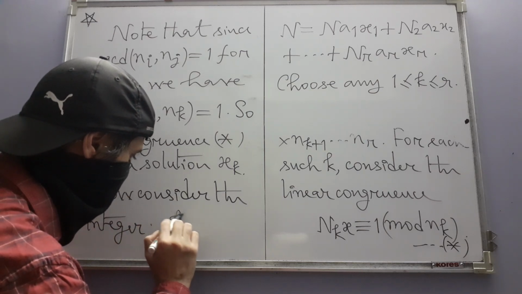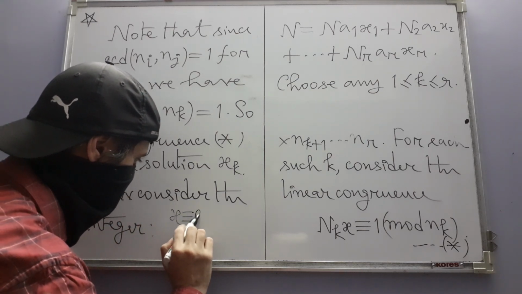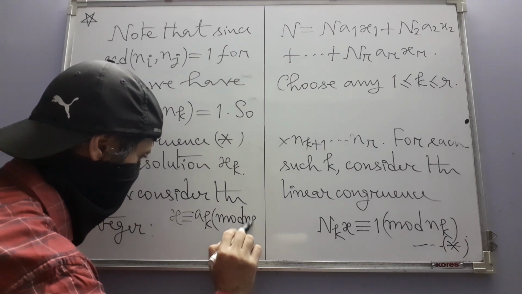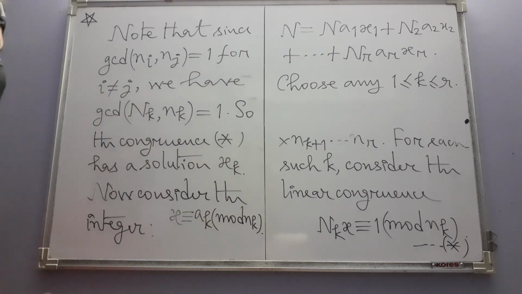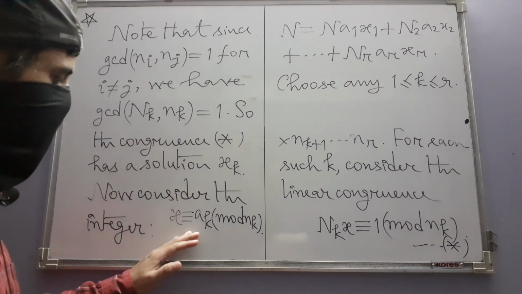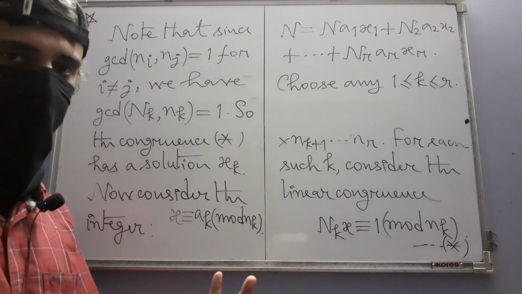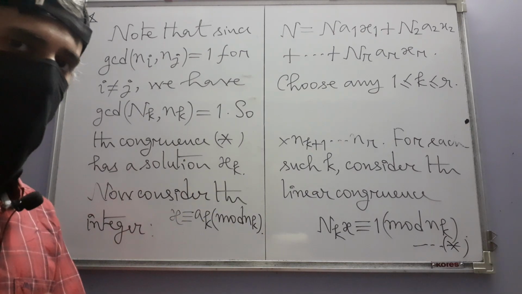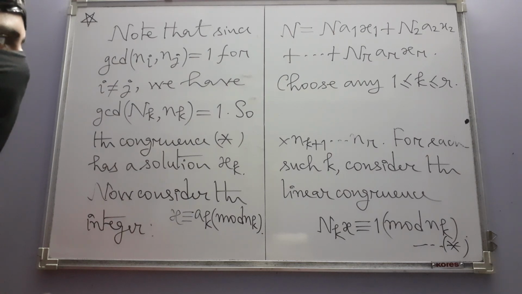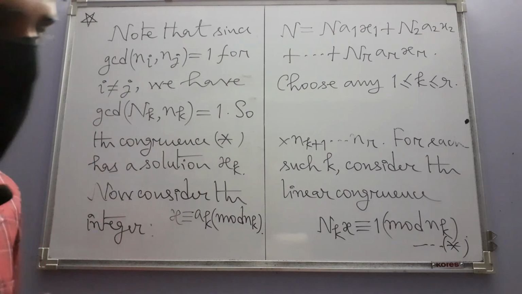That was x congruent to ak mod small nk. Whether this capital N will solve this. If it solves this, then since k is any k, it will then solve all the congruences in our system. Is that the case?